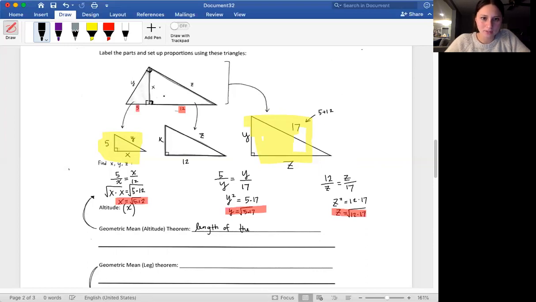It's like this height right here. is the geometric mean of the two parts of the hypotenuse.